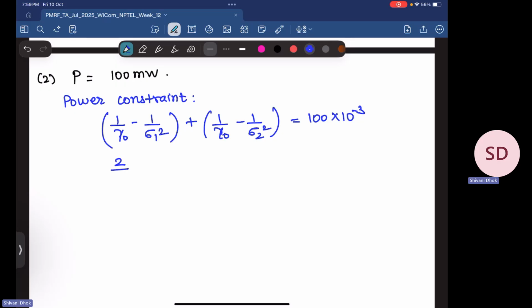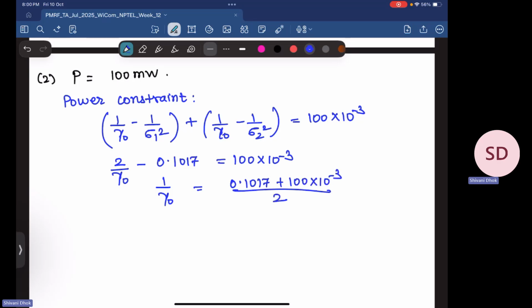So this is 2 times 1 by gamma naught minus, we have same thing, 0.1017, which is equal to 100 into 10 raised to minus 3. So this comes out to be 1 by gamma naught equal to 0.1017 plus 100 into 10 raised to minus 3, whole divided by 2. This comes out to be equal to 0.1008.